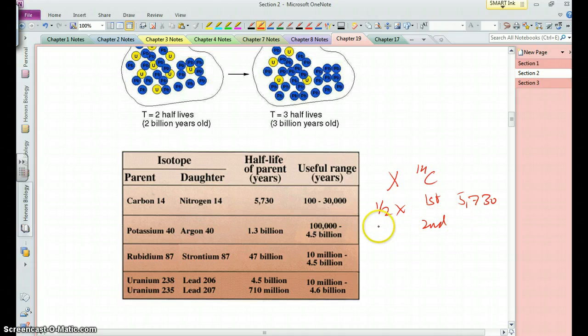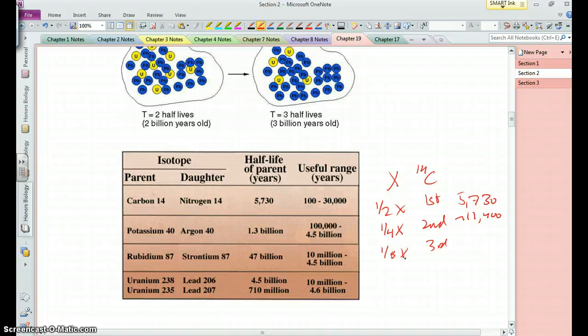The second half-life, you'll have half of this amount, or 1/4 of the original left. And that's after approximately 11,400 years, more or less. And then after the third half-life, you'll have half of this previous amount, or 1/8 of the original amount.